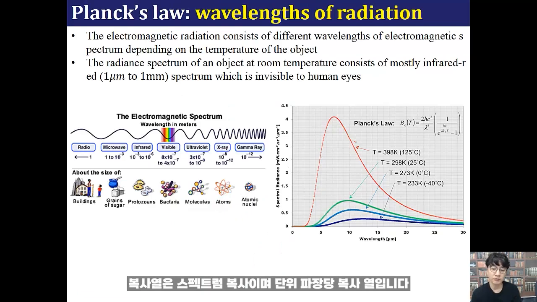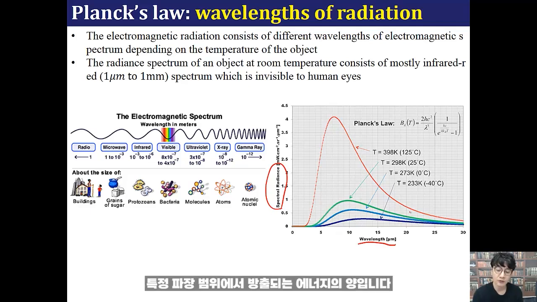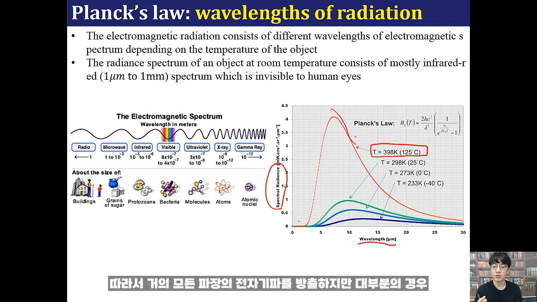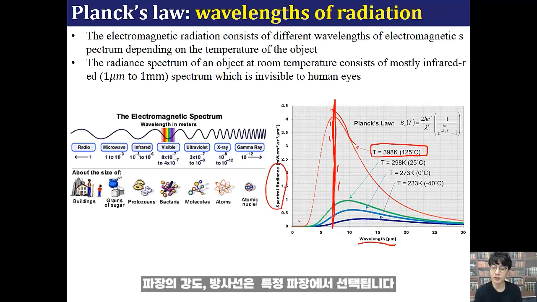The spectral radiance is radiation power per unit wavelength: in a certain wavelength range, how much energy is radiated. For a material at high temperature, you can see that there's a peak. It radiates almost all wavelengths of electromagnetic waves, but most likely the intensity of the radiation is peaked at certain wavelengths.